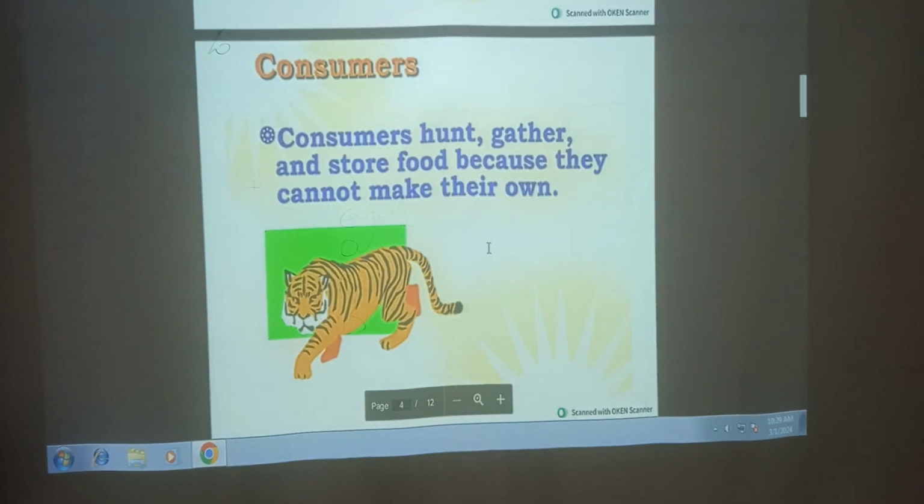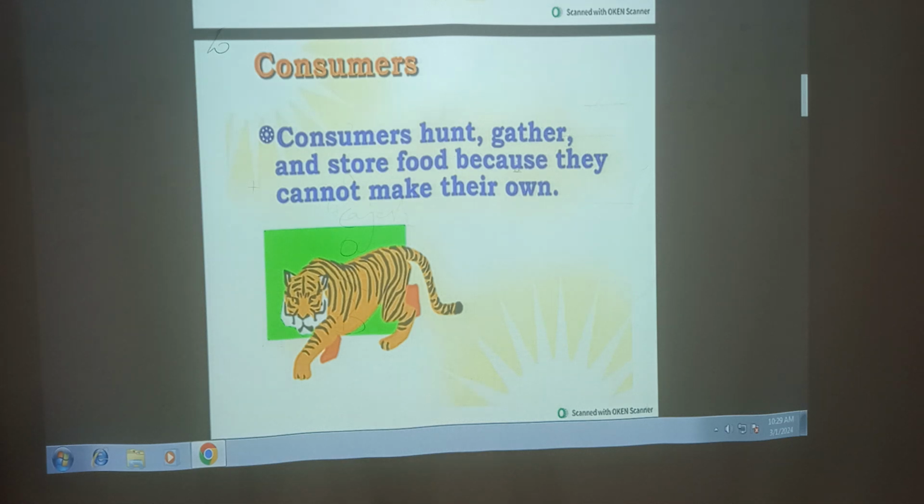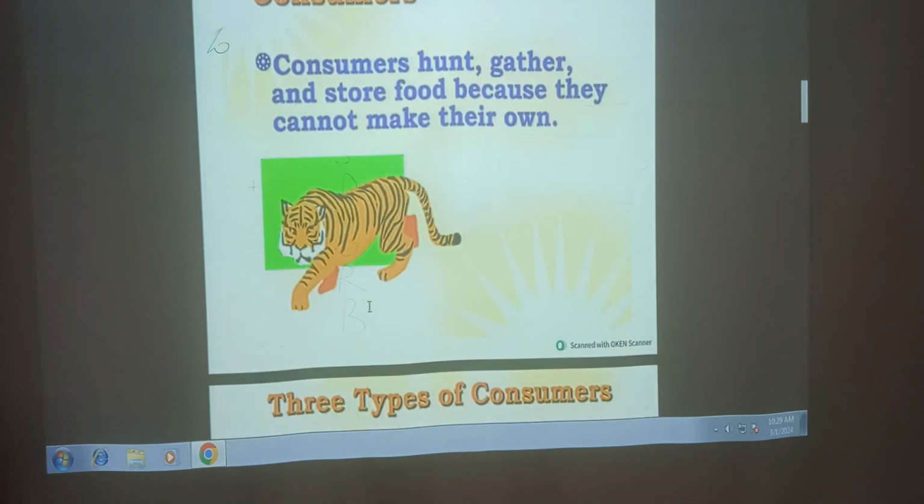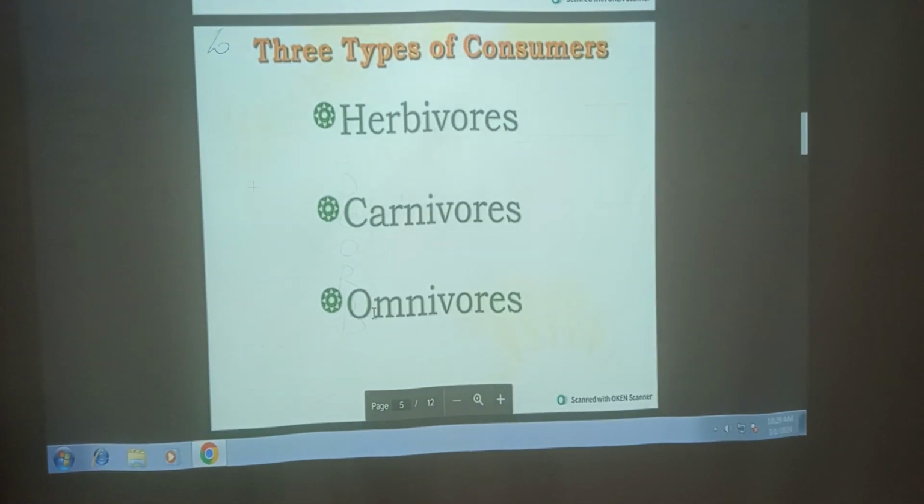Next, consumers. Consumers hunt, gather and store food because they cannot make their own food. Why? Because chlorophyll is absent, so they depend on producers, like tigers. There are three types of consumers: herbivorous, carnivorous, omnivorous.